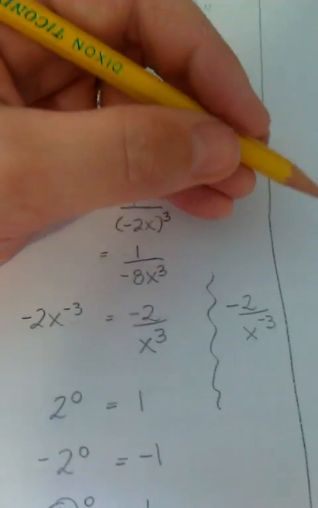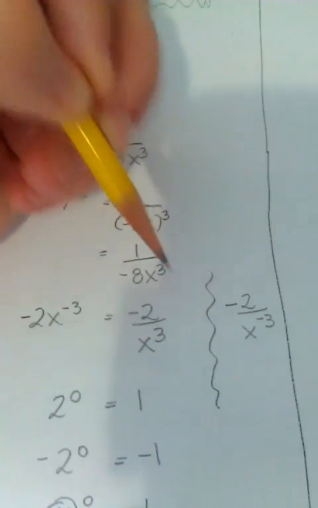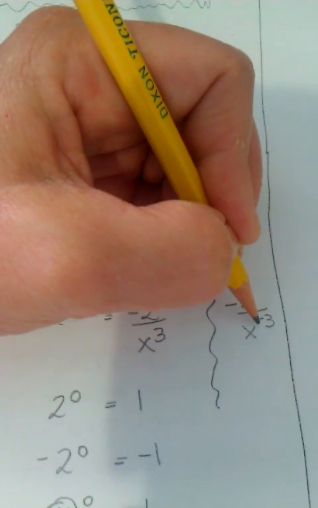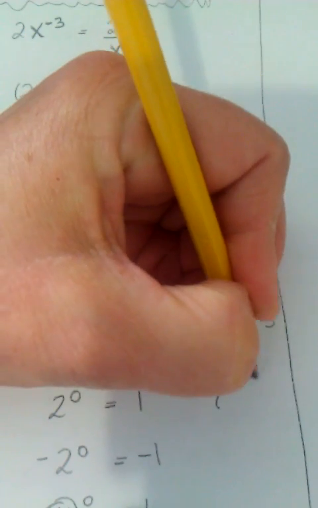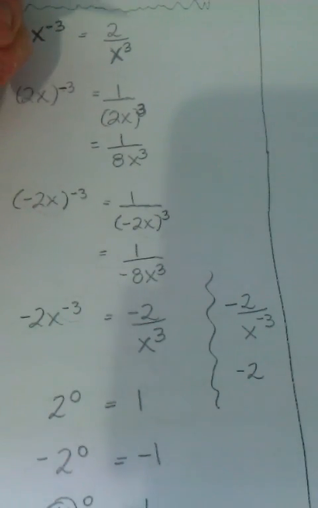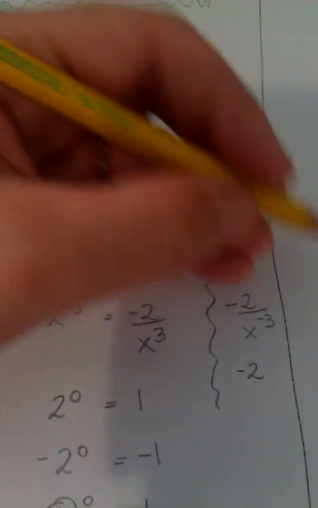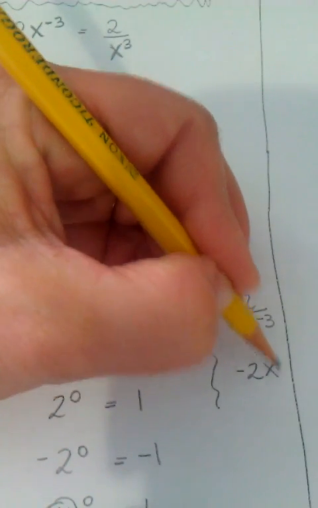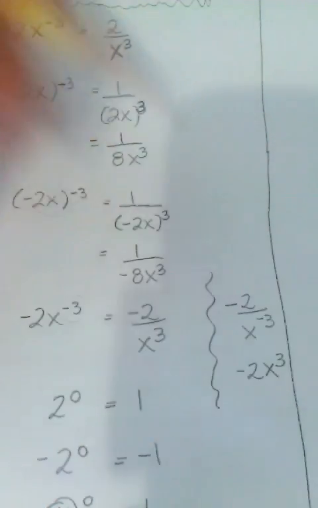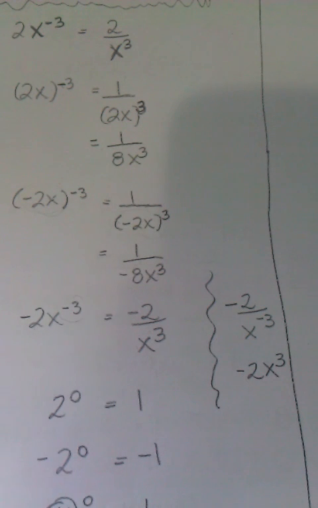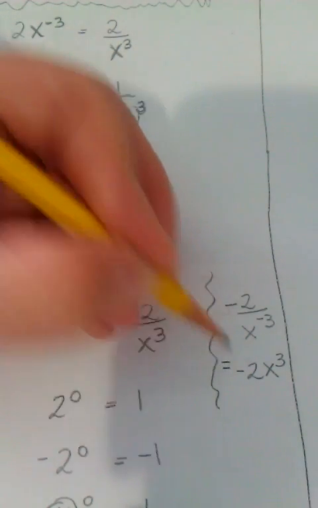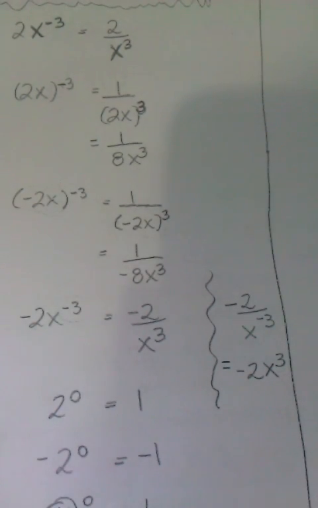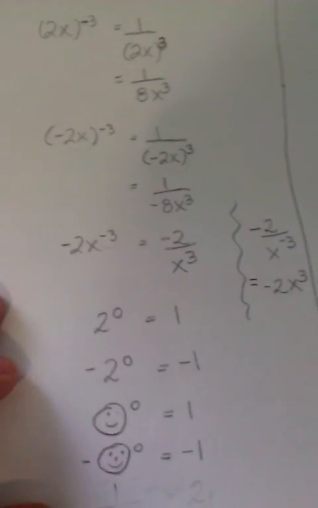But if I had an exponent in the bottom that was negative, again, all I do is flip the piece that has the negative exponent, so that negative 2 would stay in the numerator, has nothing to do with a negative exponent, and I'll take that x and flip that up into the numerator, keep the 3 as the exponent, but I get rid of that negative sign. So, that's how you do negative exponents. We'll take a look at a few more in just a second.